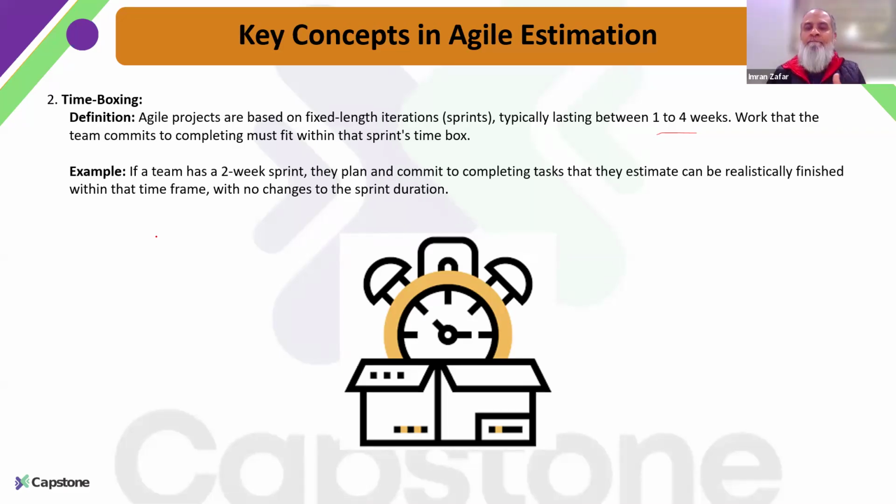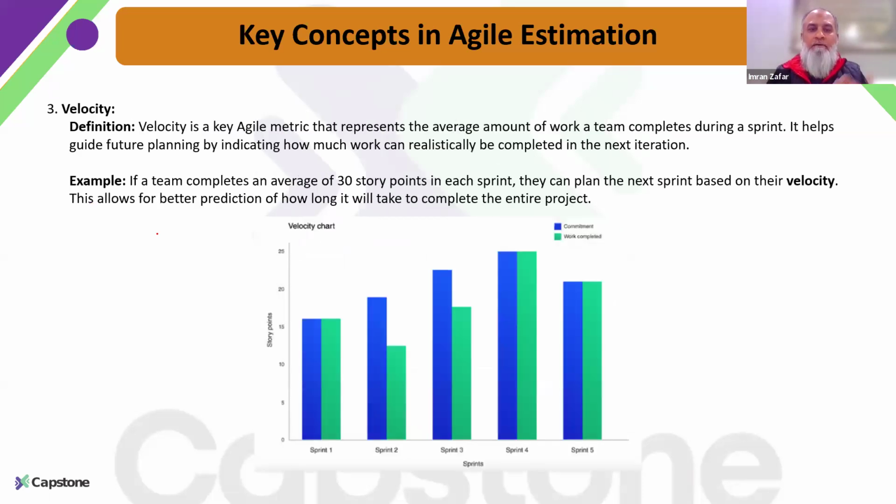If it is not like this, then maybe this is something you need to work on and break down further into smaller user stories. We talked about velocity as well, an important metric used to see how the team is performing sprint by sprint.